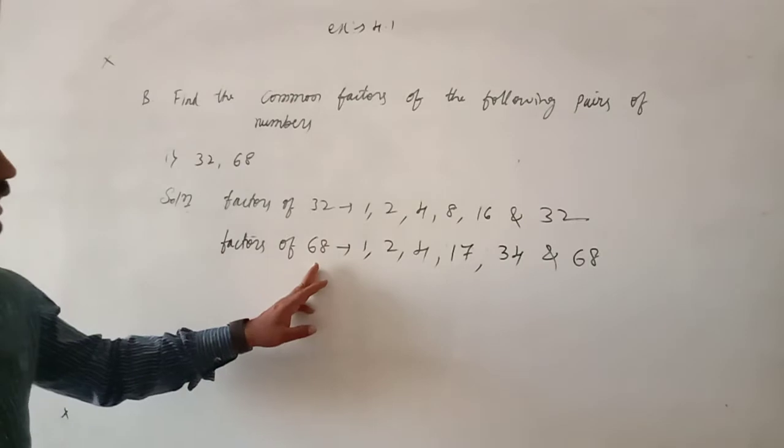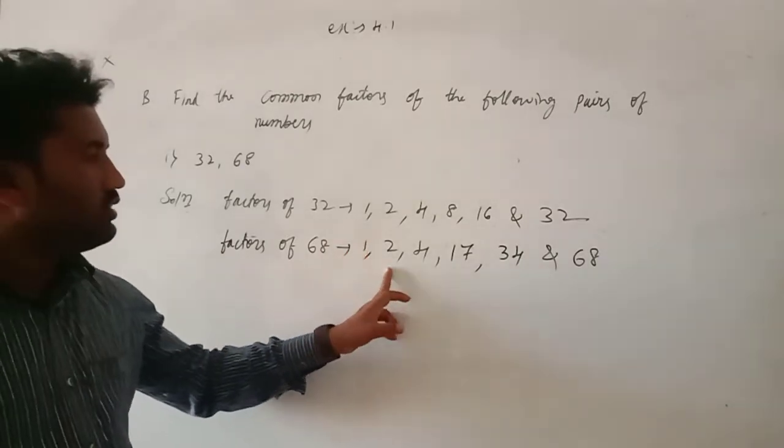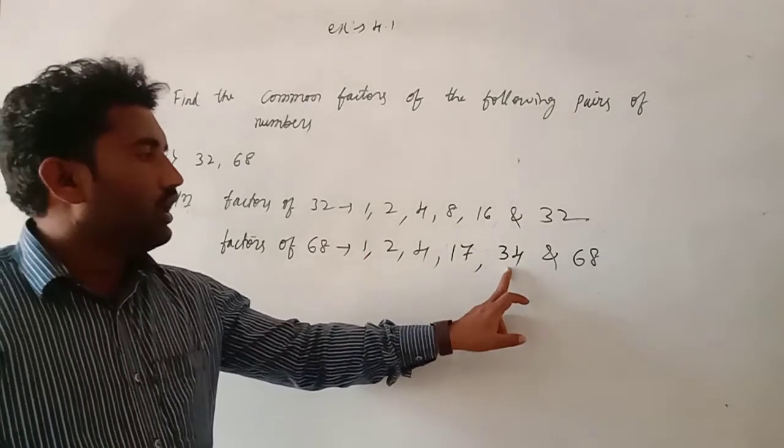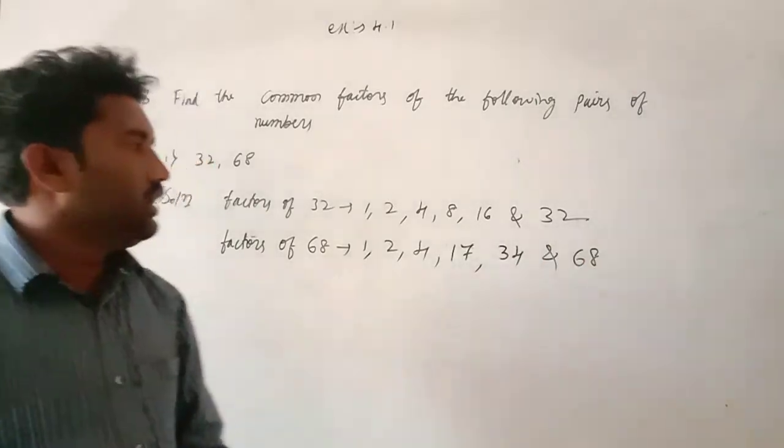So 68 is divided by 1, 2, 4, 17, 34 and 68.